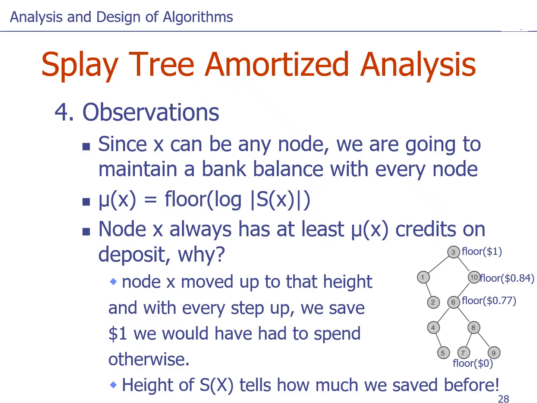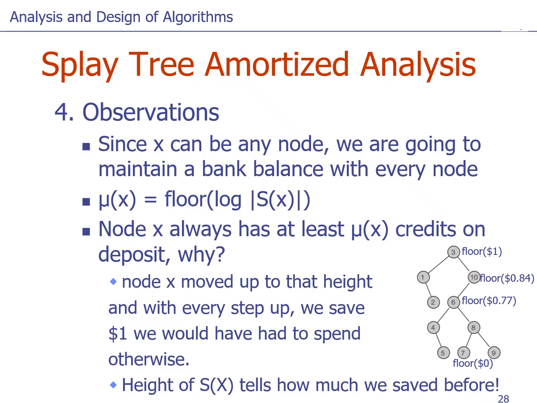Okay? So for example, the node number 7 has bank balance 0. Why? Because I'm not saving anything by having it in that location. I couldn't have saved anything by having it in that location if I just opened the bank balances, of course. There could be history that enables me to do some savings, but I'm assuming now I'm just creating the bank balances. So 7 obviously will be assigned 0, okay? However, 6 is different.